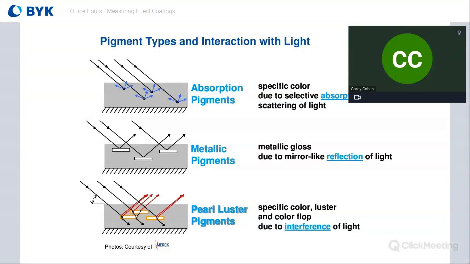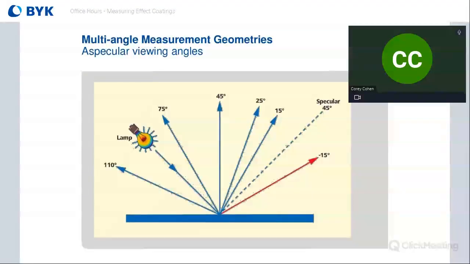And the effect that has on the macro level is it can actually change the hue that we see of the color depending on the viewing angle. So with these types of pigments, pearlescent pigments, we actually get this interesting sort of color changing effect depending on the viewing angle. So these are the types of pigments we're going to talk about measuring today.